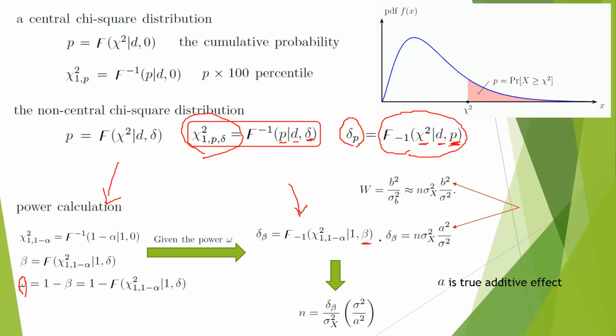If you want to achieve this power, what is the sample size required for your experiment? This is the power analysis. You need to use this kind of calculation to show the reviewers that your design is a good one, and that if you give money to me, I'm going to achieve this. So this is very important.